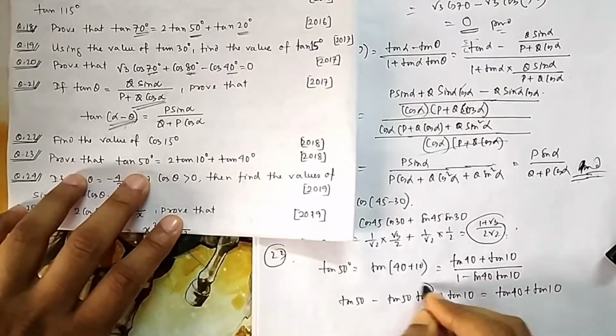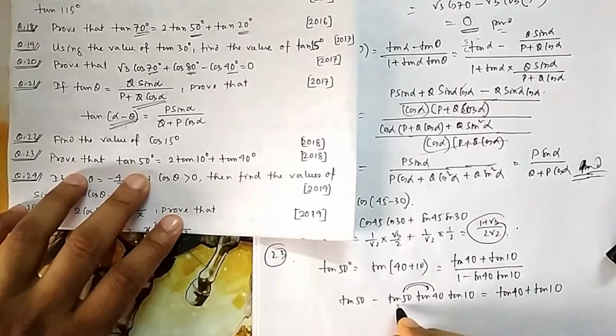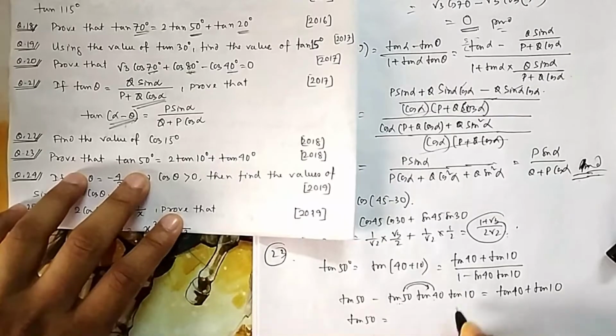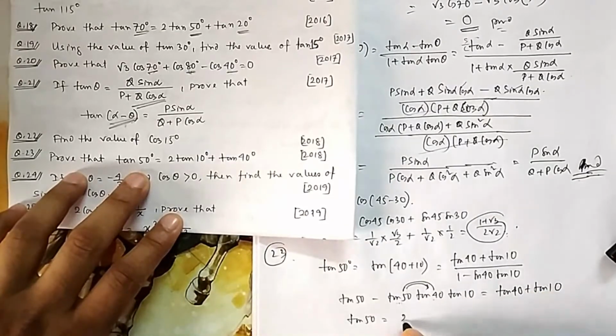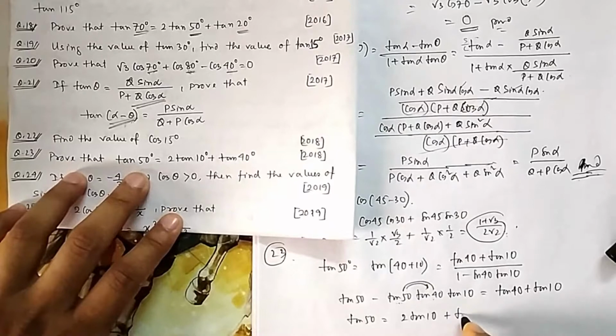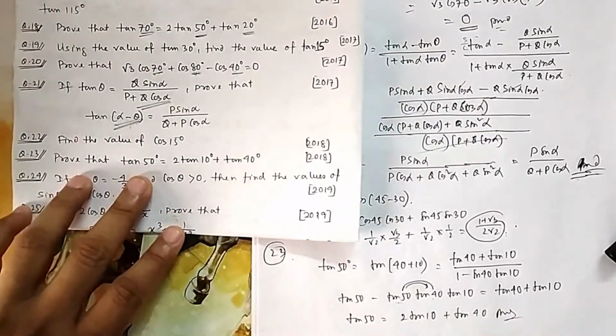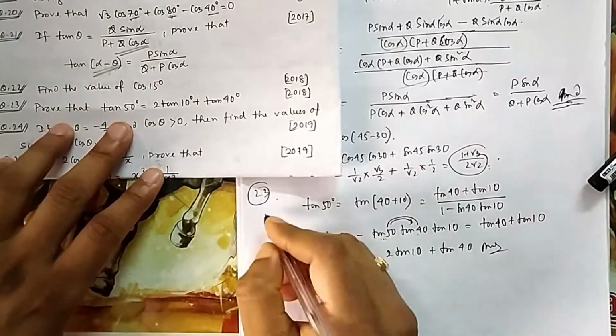These two are complementary to each other, so you convert: cot 40 times tan 40 will be 1. So it is left with only tan 10. You take that tan 10 to that side, so 2 tan 10 plus tan 40. You got the answer. For detail, you can see question number 18 again. It is the same as question number 18.